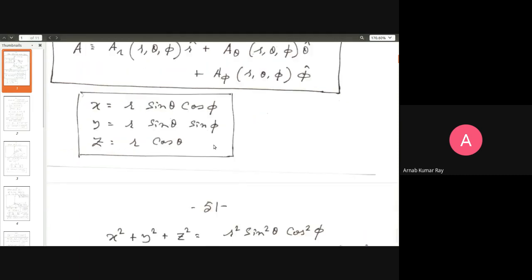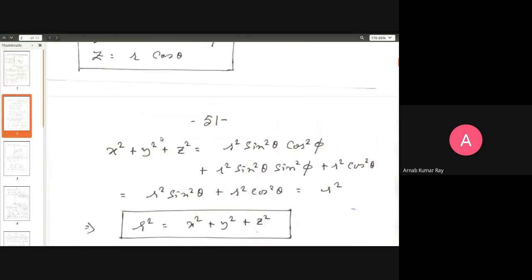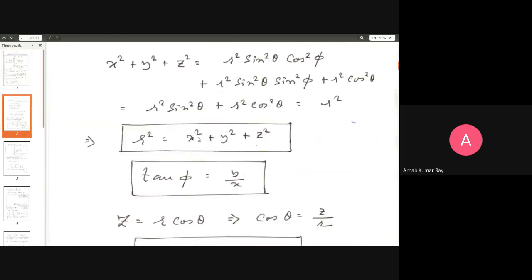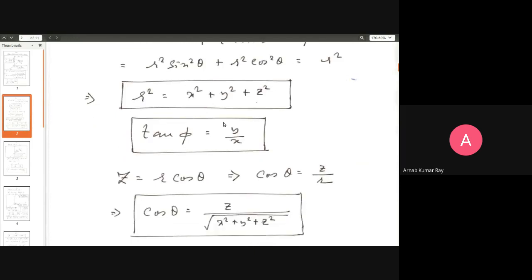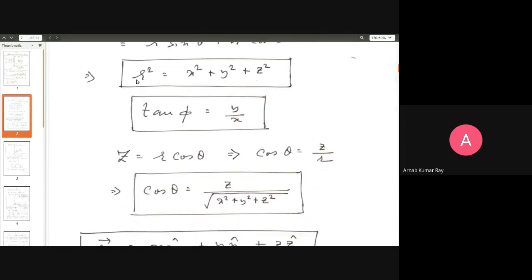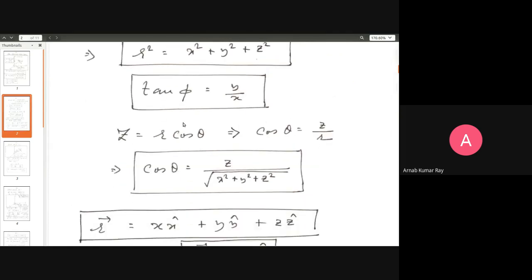If you look at this little table of formulae, all the things on the right-hand side are in terms of the polar coordinates r theta phi, but everything on the left-hand side is in terms of the Cartesian coordinates x, y, z. The reverse can also be carried out. That is to say, on the right-hand side, in terms of the Cartesian coordinates x, y, z, you can get the 3 polar coordinates r, theta, and phi.